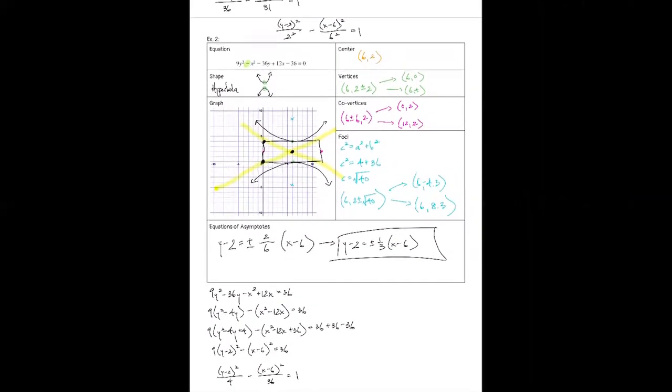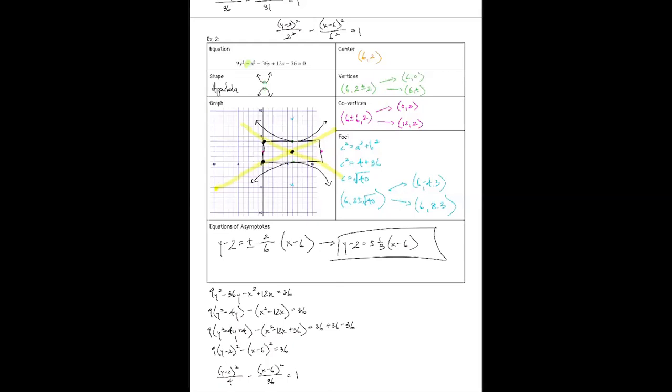So I know we kind of rushed through that second example, but I wanted to get through as much as we can today. If you have questions on the graphing of the hyperbolas, we can certainly address them at the beginning of class tomorrow. Tomorrow, when we start off, we're going to have 3 more examples where we work on writing the equation of the hyperbola from given pieces of information.